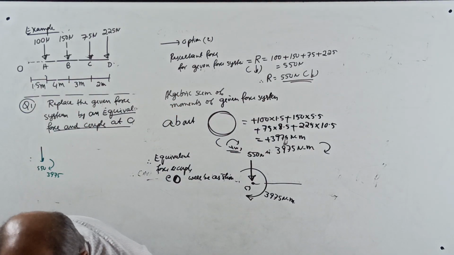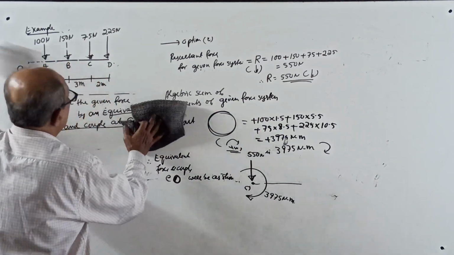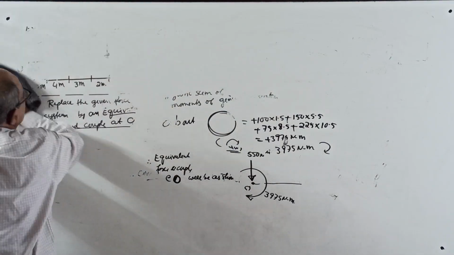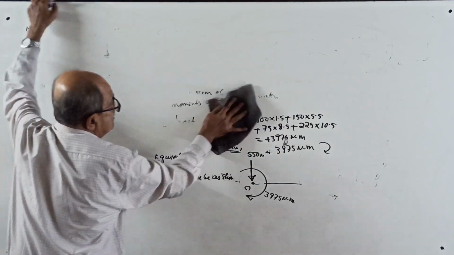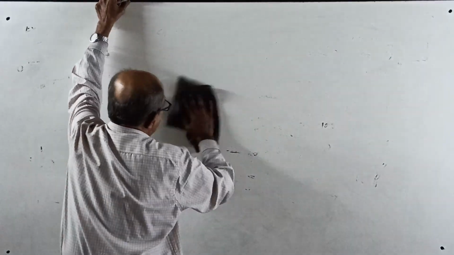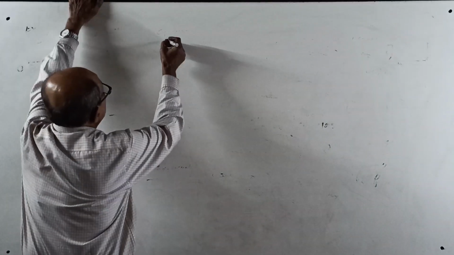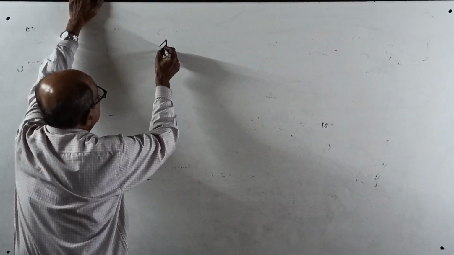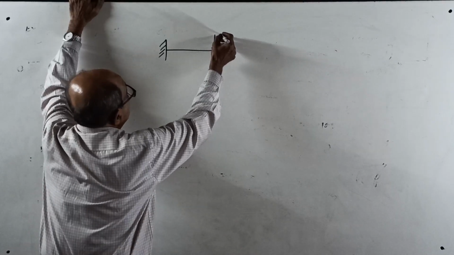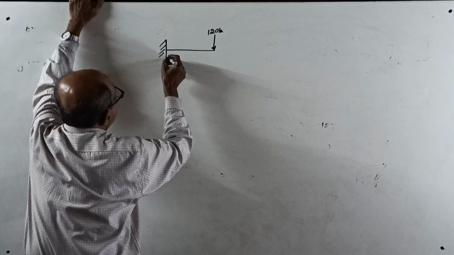Okay, now one small interesting point I will tell you. This will come for you later in strength of materials. One small important point: consider a cantilever beam AB with a load of 120 kilonewton at 3 meters from here.